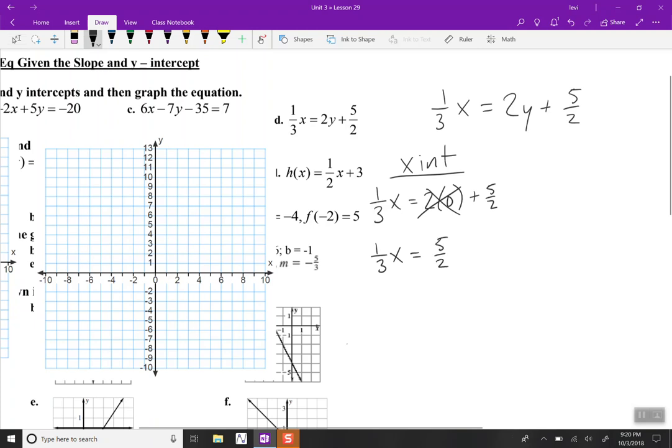So what would we do? We need to multiply by the reciprocal. So we're multiplying both sides by 3, and then we can write it 3 over 1. That simplifies. That's the whole reason why we did this. So we get x equals, and 5 times 3 is 15, so that's 15/2.